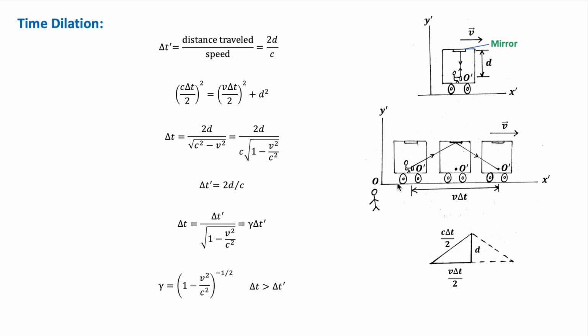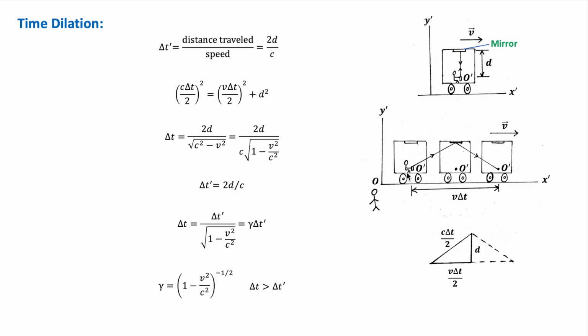And delta t is the time it takes the light to travel from O' to the mirror and back to O' as measured by O. According to the second observer, if the light is to hit the mirror, then because of the motion of the vehicle, it must be emitted from the laser at an angle with respect to the vehicle direction. And so the light in the second frame travels farther than in the first frame.